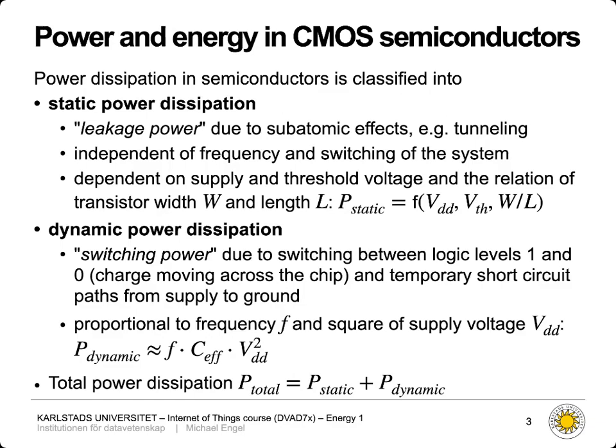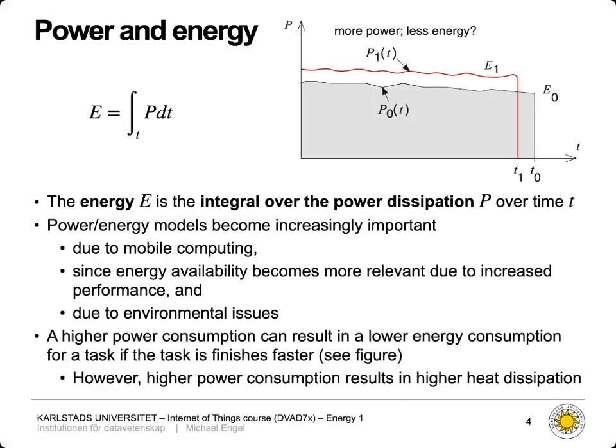Right, so this is power. This is what momentarily happens at a chip at every given point in time. Now, there's very often a confusion between power and energy. So we need to look at energy now. So what's energy? Energy is just adding the power up over time.